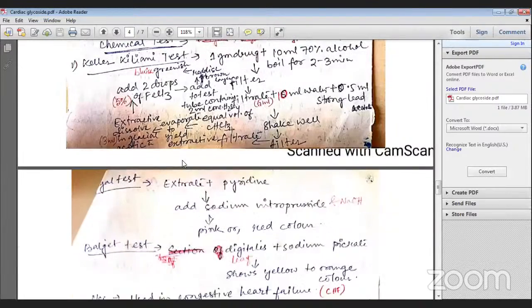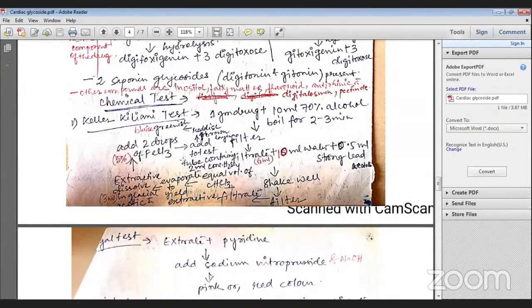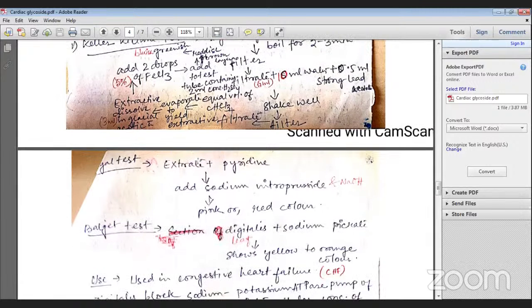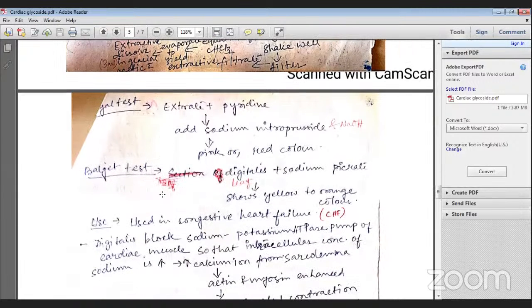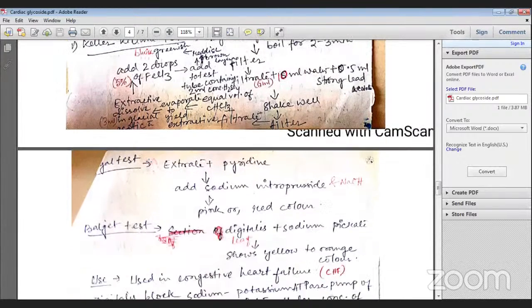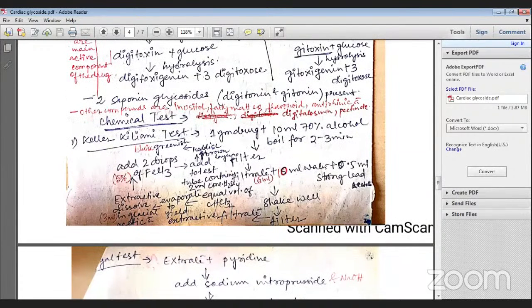Next is the chemical test. There are 3 chemical tests. One is the Keller-Kiliani test, which is confirmatory for cardiac glycosides. Next are the Legal test and the Baljet test, which are confirmatory for steroid-containing glycosides and also cardiac glycosides. So these 3 tests are mainly for cardiac glycosides.